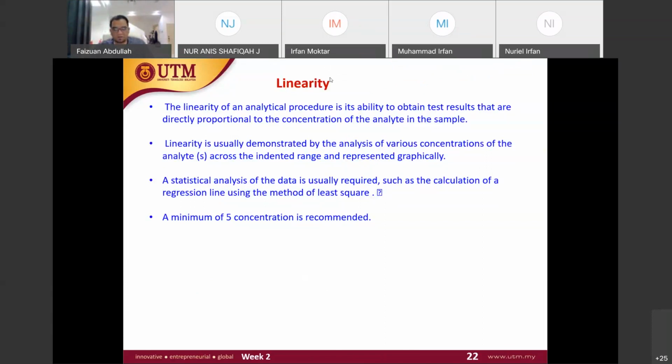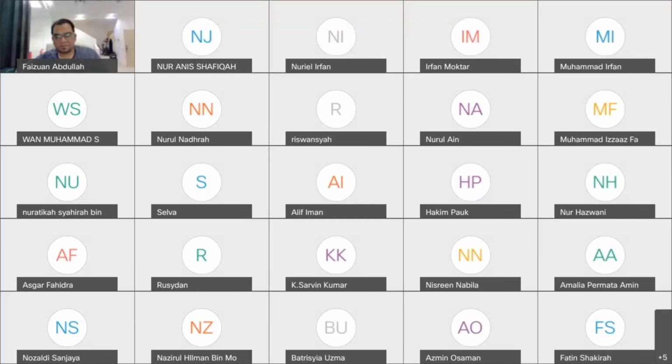What are we going to learn after this? After this topic, we have finished the chromatography technique. We learned the basic principle, then TLC, HPLC, GC, and then sample preparation and sample analysis. So now we come to the final topics.